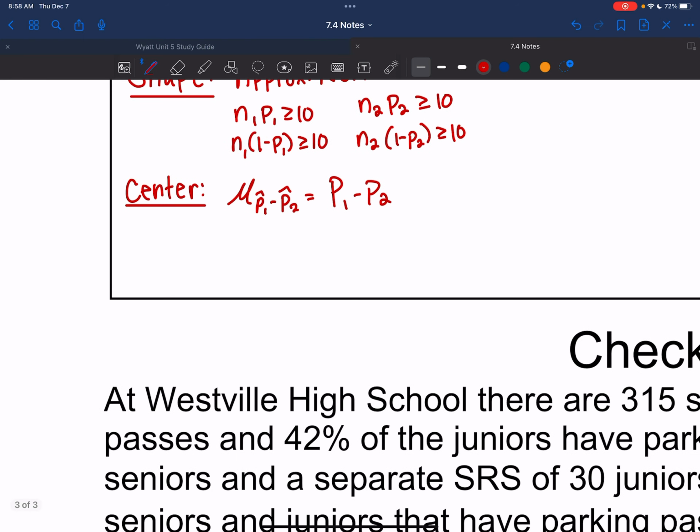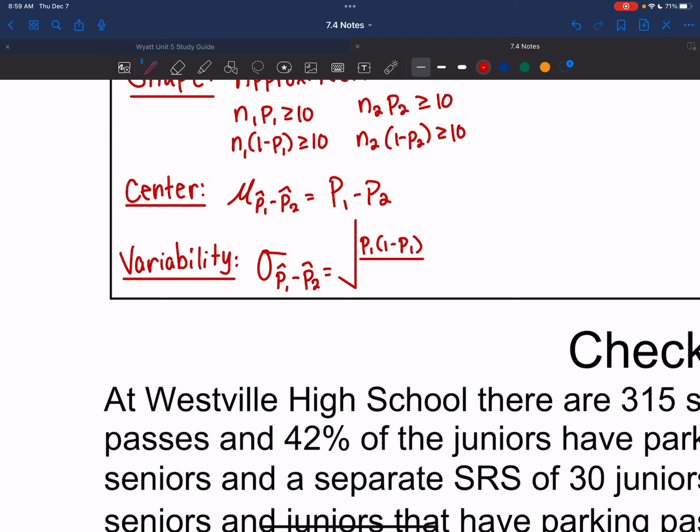And then variability: the standard deviation of p hat 1 minus p hat 2 is equal to the square root of P1 times 1 minus P1 divided by N1, plus P2 times 1 minus P2 divided by N2.